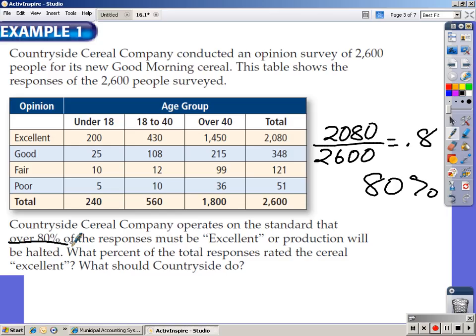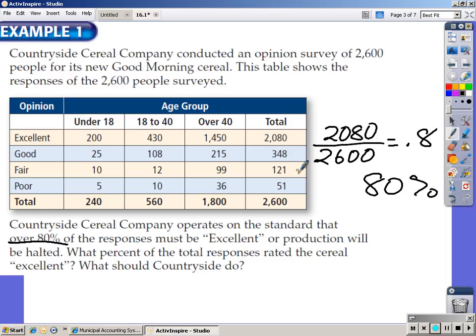Looking at this, we had 2,080 responses that were excellent. We had 348 that were good, 121 that were fair, and only 51 that were poor. Take into account the excellent and the good. Since we're already sitting at 80%, the fair and the poor pale in comparison. So, what should Countryside do? If I was running Countryside, I would go ahead and run the production.